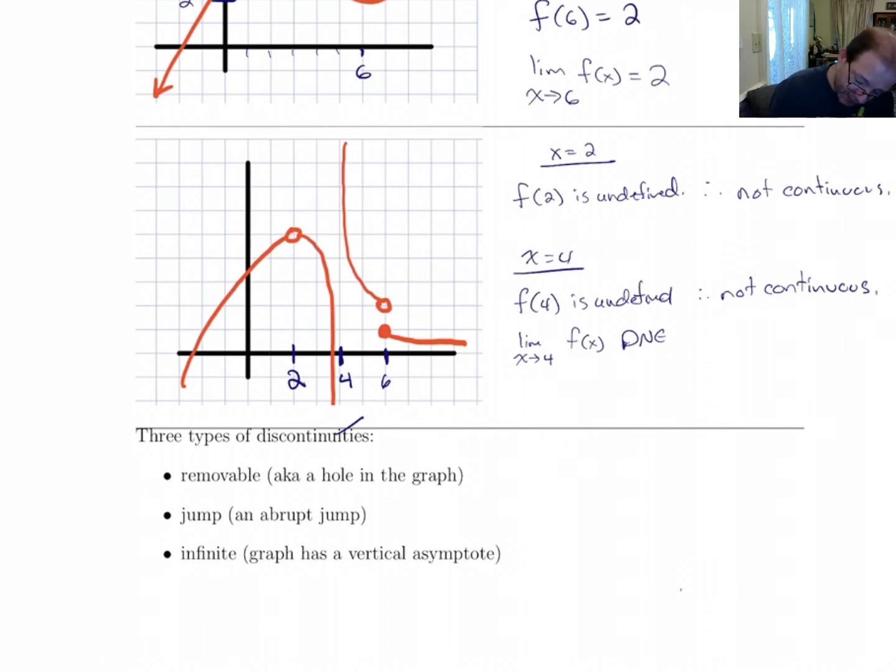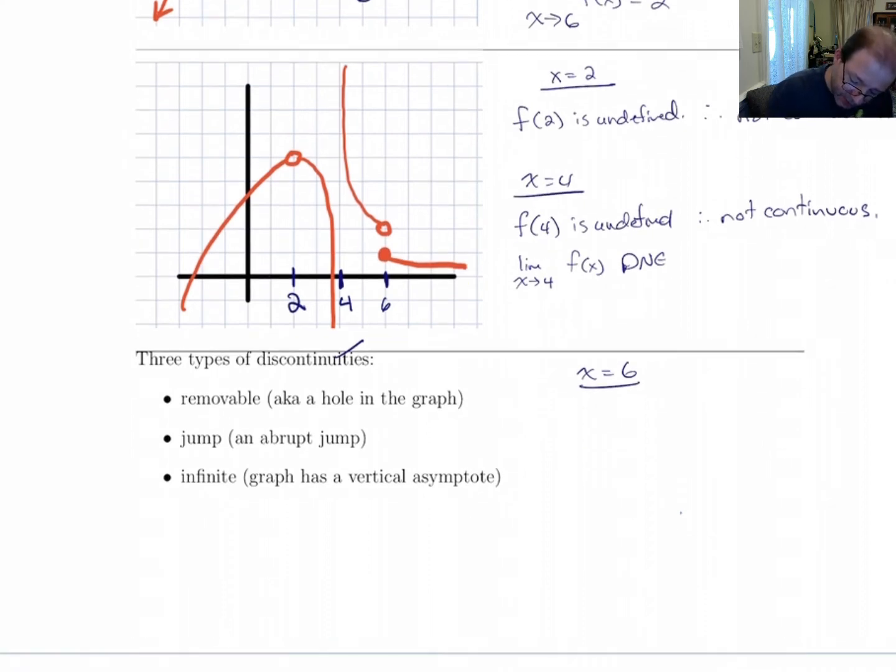All right, what about at x equals 6? I'm going to come down here and do that. At x equals 6, f of 6 is defined. F of 6, thanks to the solid dot here, is 1. But what about the limit?